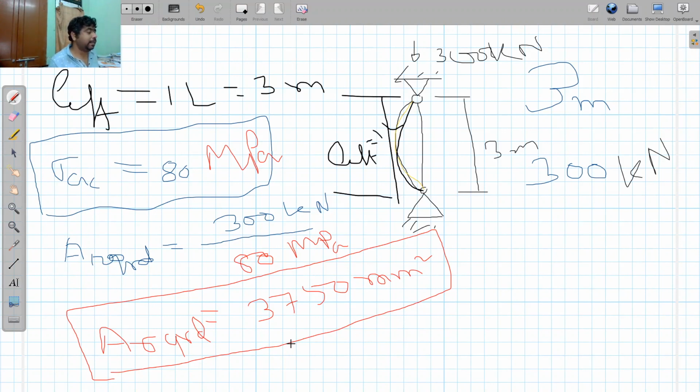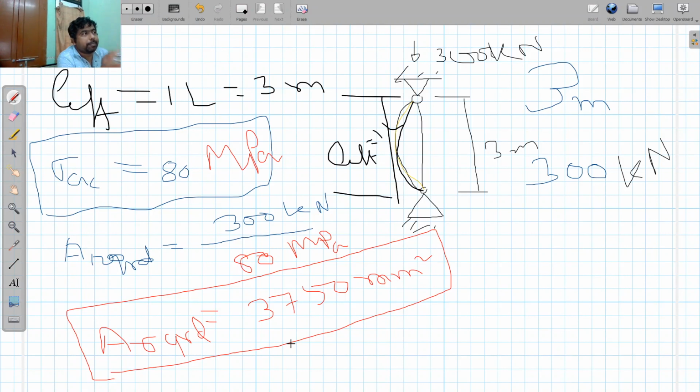We can design it using various sections, but since I have not told in the problem, let us assume that the load is axially loaded. Axially loaded means the load is applied exactly at the center. If I want to use a single section, in that case, if we take an I section, we can simply apply the load.